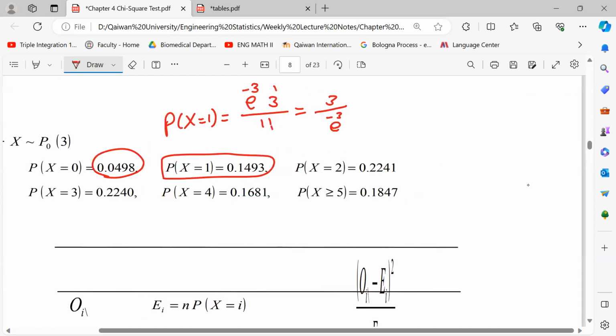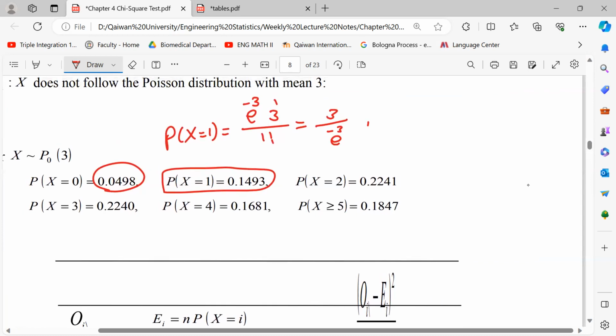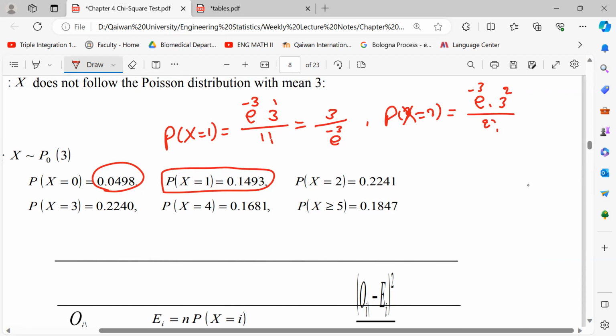And then for 2, probability of X to be 2 is equal to e to the power minus 3 times 3 to the power 2 dividing by 2 factorial. 2 factorial is 2 times 1, it's 2. So 3 to the power 2 is 9.